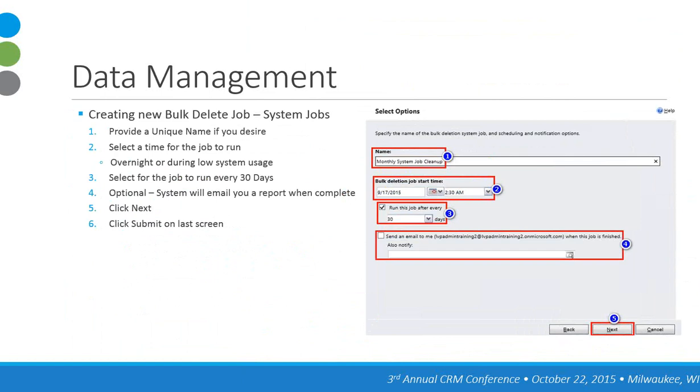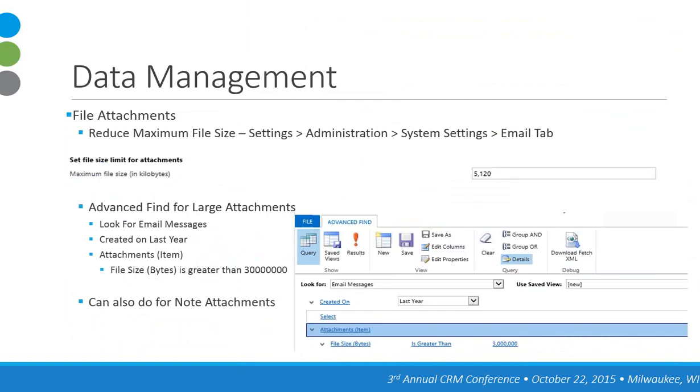We do recommend you schedule something like this to run overnight or during low system usage. And you can select how often you want the job to run. So this will run every 30 days. And then optionally, you can have it send an email to you with results when you're done, or any administrator. On the screen, once you have entered the information, you can hit Next, and then submit on the final screen.